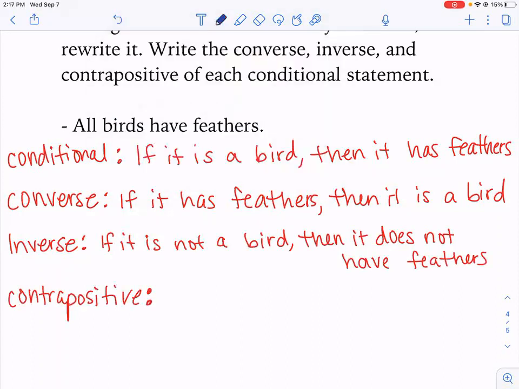Okay, so this is what I would do. If P then Q is our conditional.